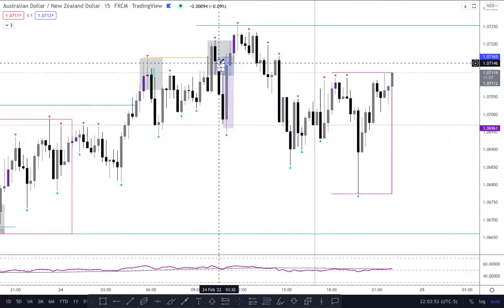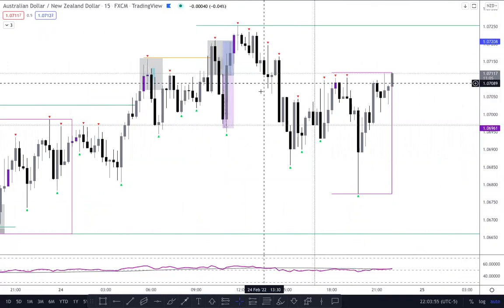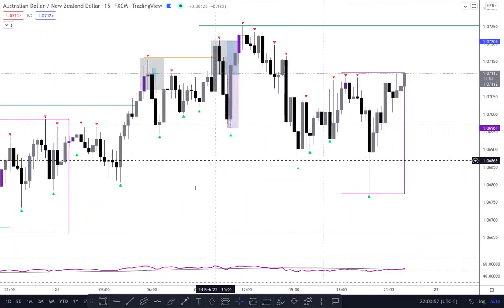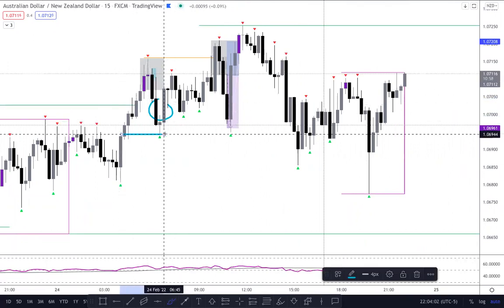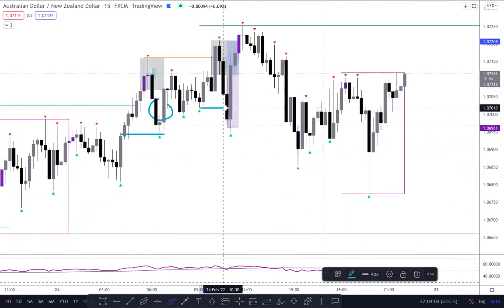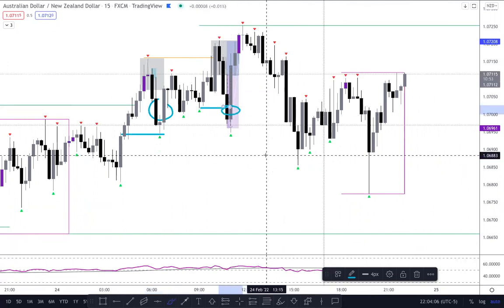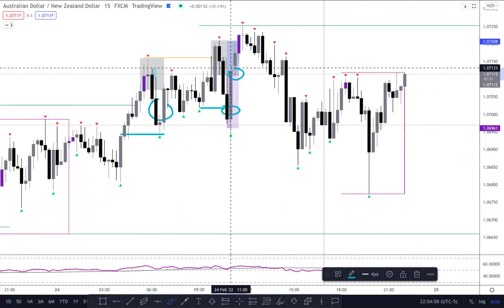Same thing right over here, 1 to 3, clearly not achieved. But good news or bad news for this one is we would have never set break even. The good news for this one is we would have moved stops to break even. So this one would have been a BE instead of SL.